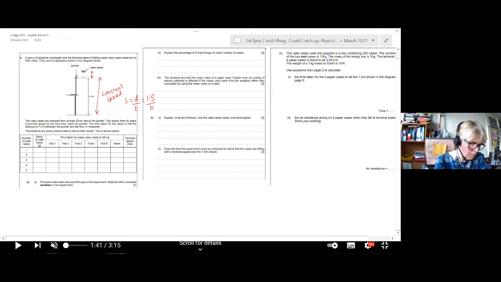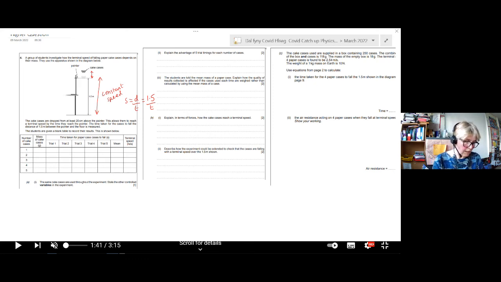All right, and we're going to have to do this several times because there's going to be a reaction error, because the time is going to probably be quite short. So it's probably a good idea to repeat your readings so that we can identify any anomalies and discard them when working out the mean time.